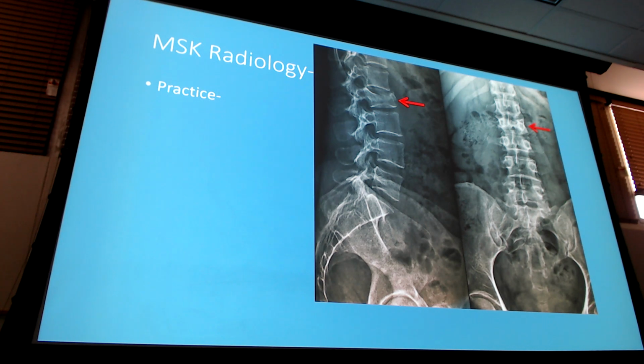What do we got there? Primarily this one. Compression fracture of which vertebrae? L2, good. How do we do that? Sacrum, 5, 4, 3, 2. Now, that's the lateral.